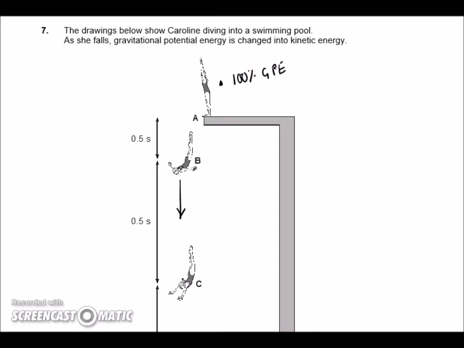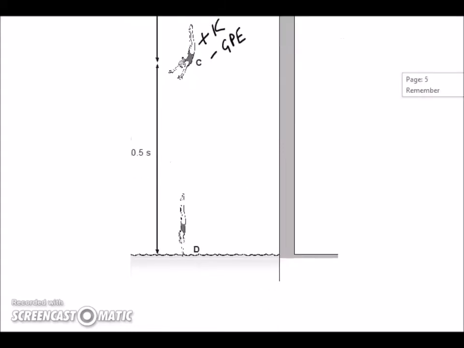As she starts to fall, GPE, gravitational potential energy, is being converted into kinetic energy. So here she's got more kinetic energy and less GPE as she gets closer and closer to the pool.